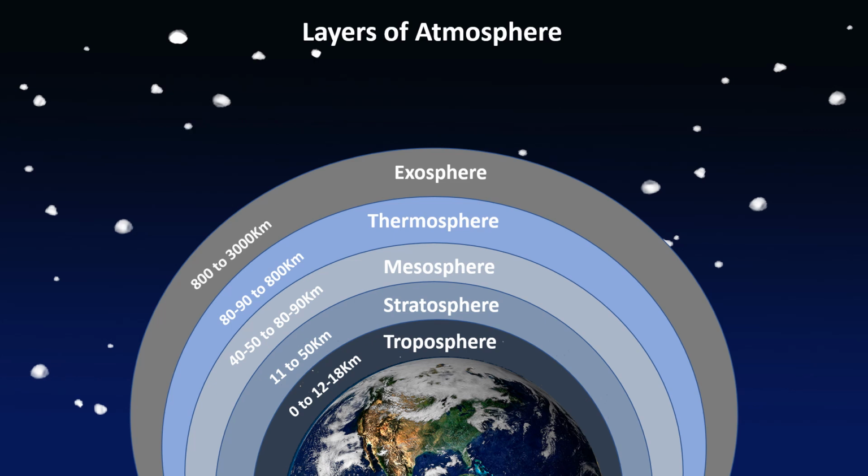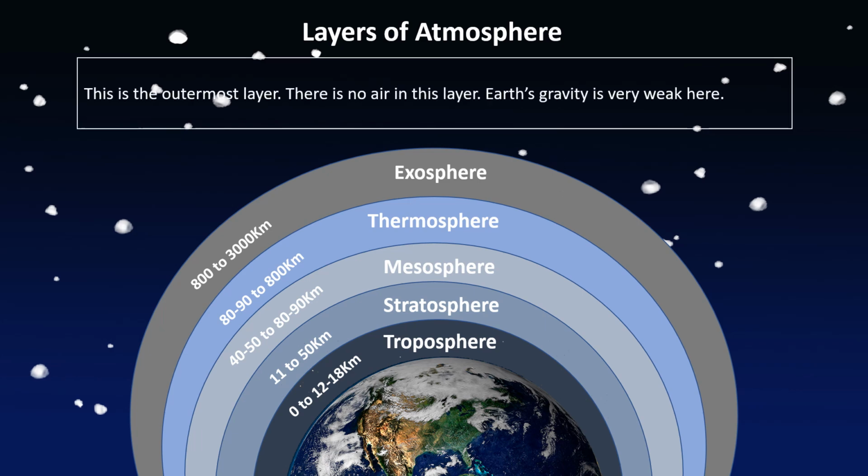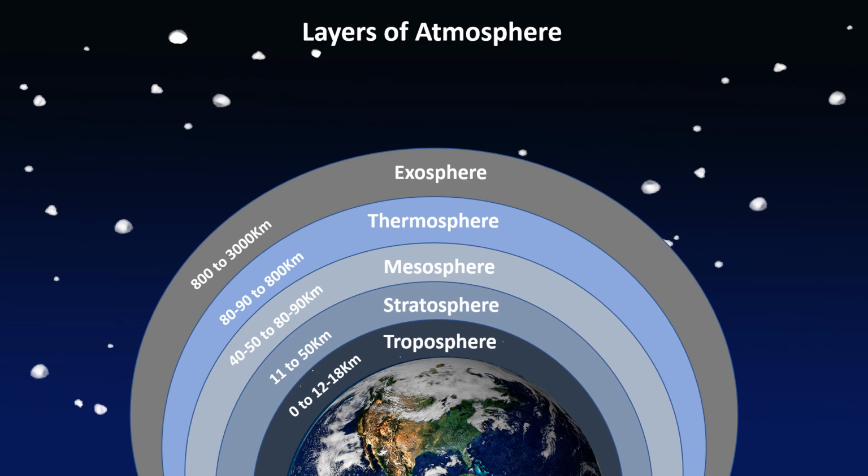The next layer is the exosphere, and it extends from 800 to 3000 kilometers. This layer is the outermost layer of the atmosphere. There is no air in this layer, and Earth's gravity is very weak here. So this is all about the layers of the atmosphere.